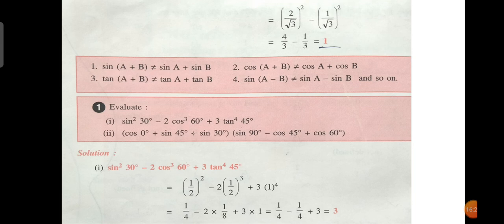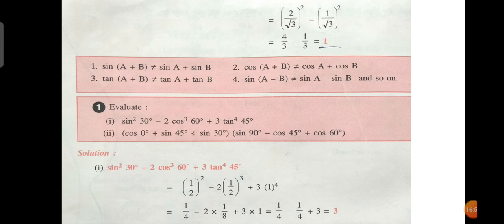For now, just remember that sine of A plus B is not equal to sine A plus sine B, and similarly for all others: cos of A plus B, sine of A minus B, cos of A minus B, tan of A plus B, tan of A minus B are not equal to the individual terms.